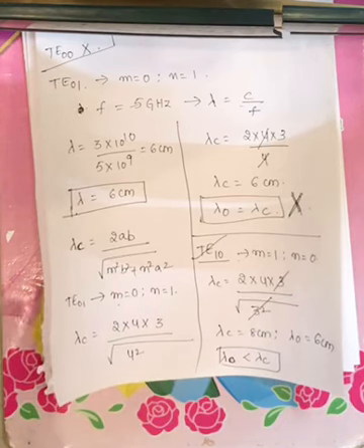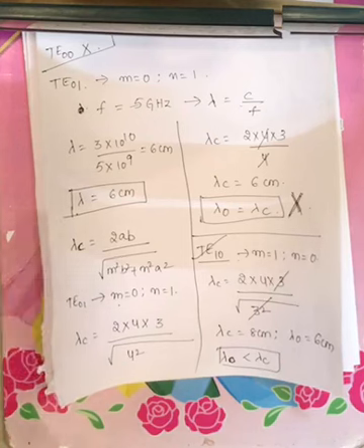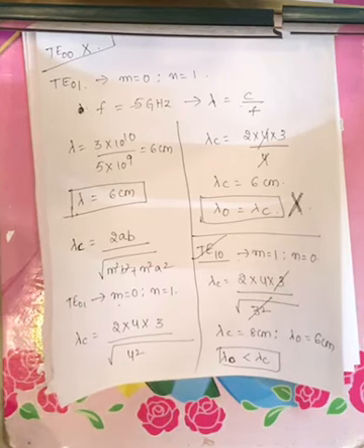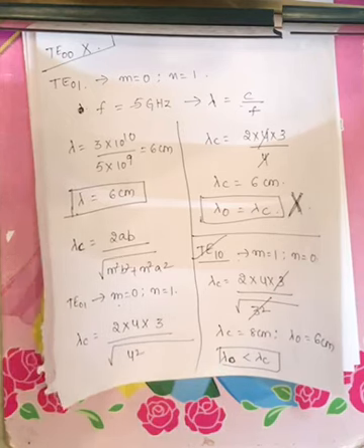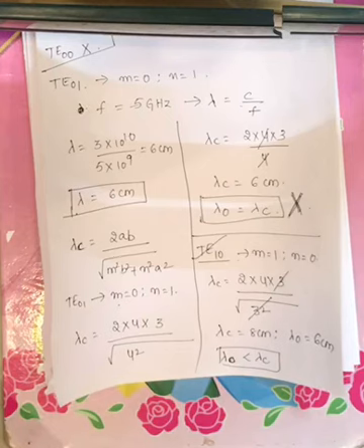What you have to do is, they will give dimensions and they will give operating frequency. Using operating frequency you can calculate free space wavelength, right? Only two parameters, free space wavelength and cutoff wavelength, and you have to relate those two. If free space wavelength is less than cutoff wavelength, then that particular mode is allowed through the waveguide, right? If the free space wavelength is not less than cutoff wavelength, then that particular mode is not allowed through the waveguide.